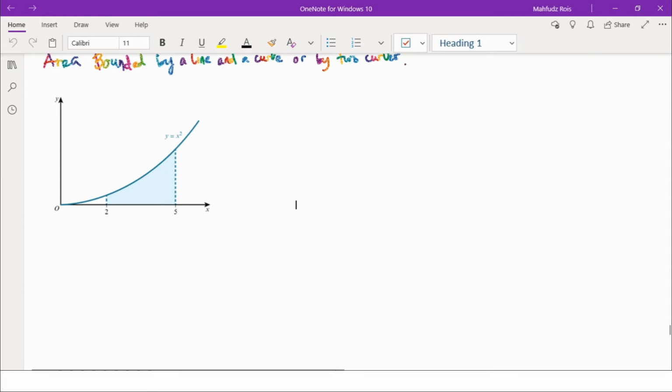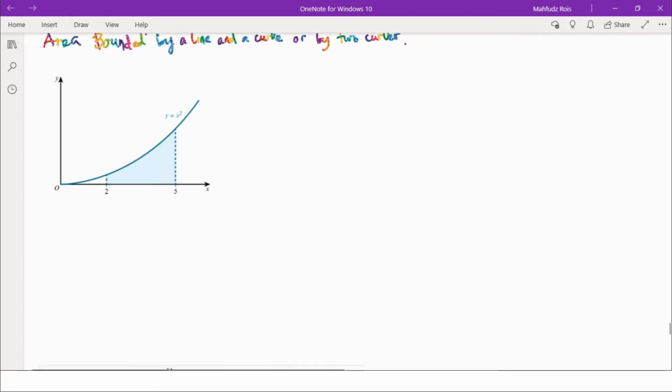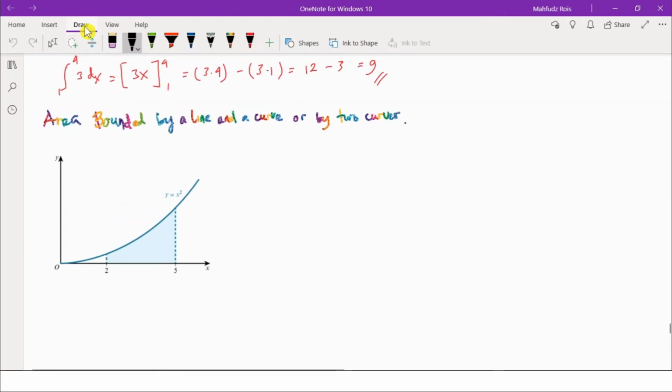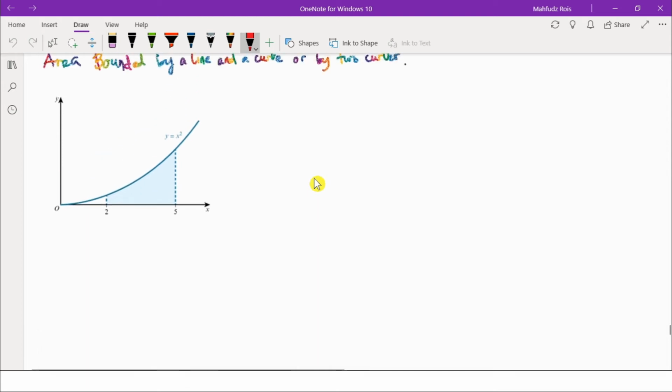To find this area, actually, wait, I draw with red. We just transform this into definite integration, right?